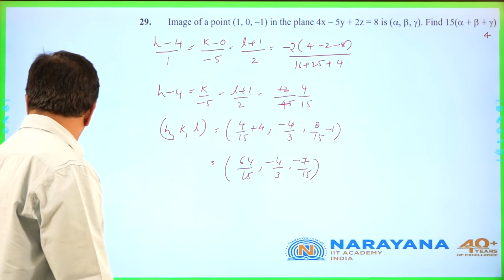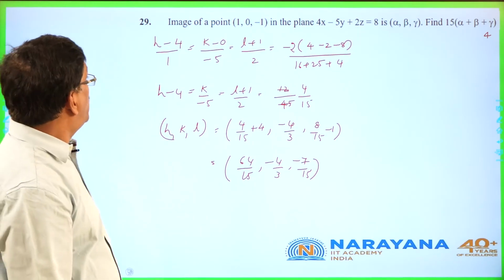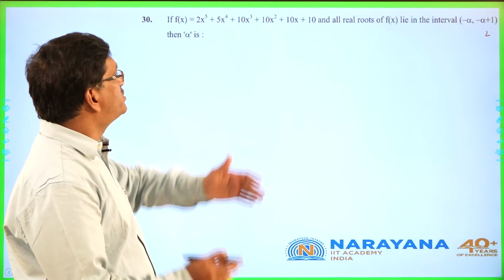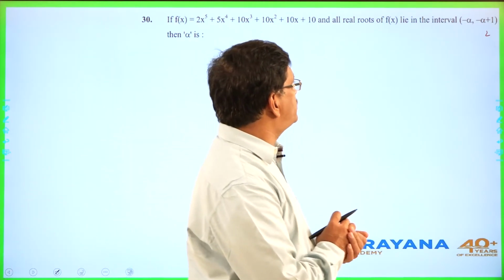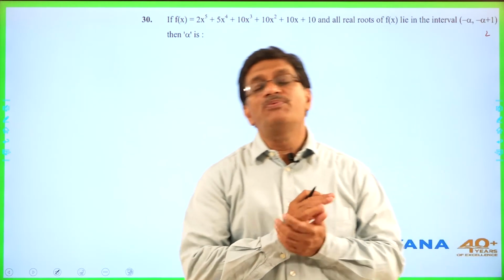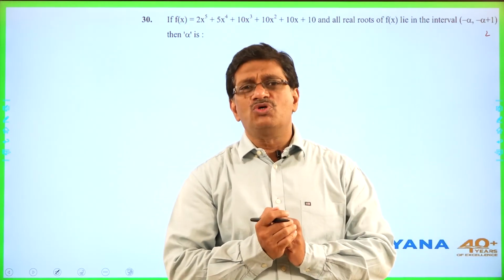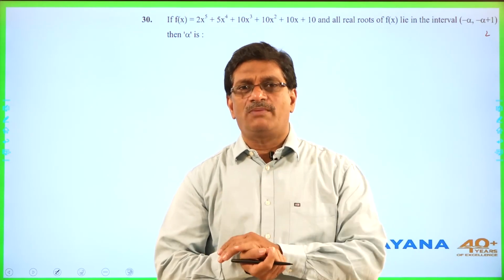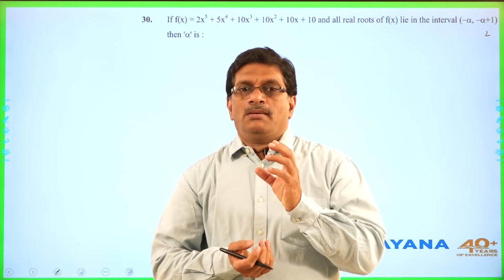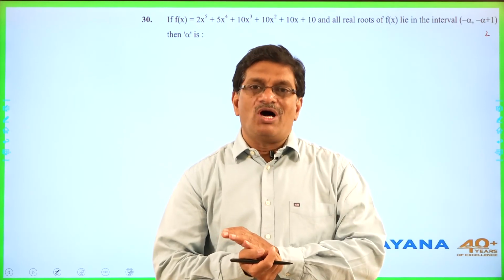Okay. Let us go to the last question. That is, f of x is so and so, and all real roots of f of x lie in the interval. I hope you know that this type of few questions are there in the quadratic equations at the end of the chapter, and of course, in general, polynomials.